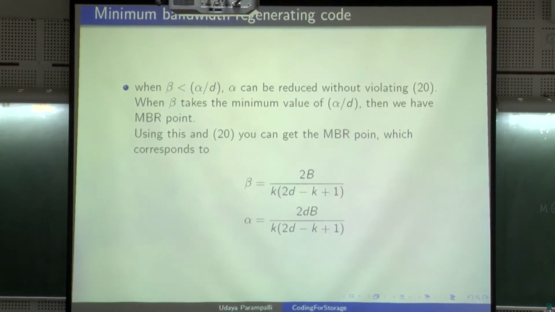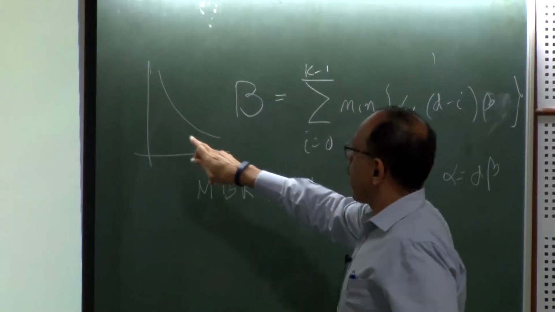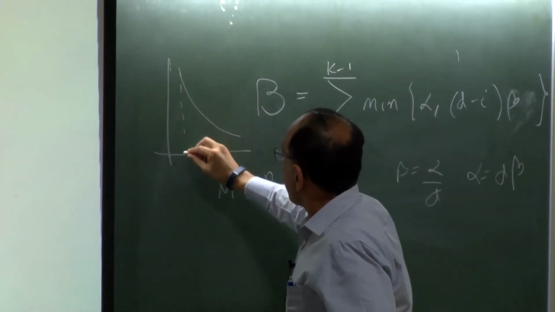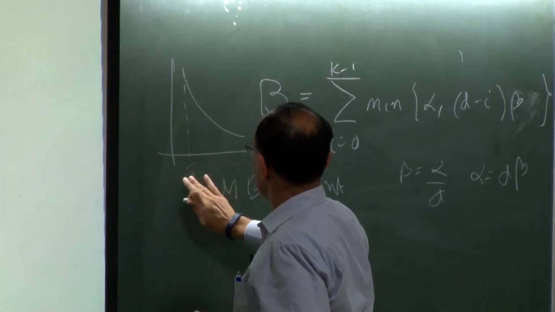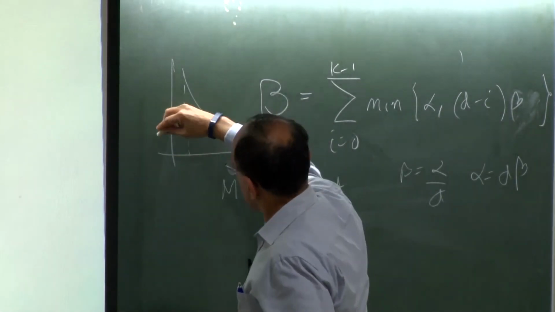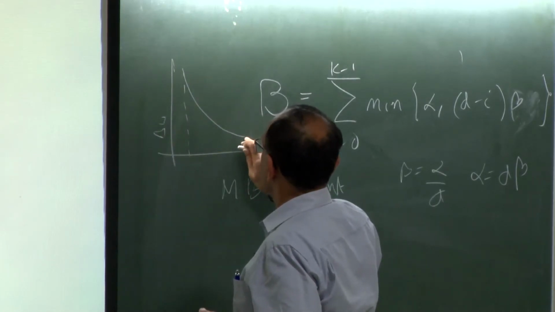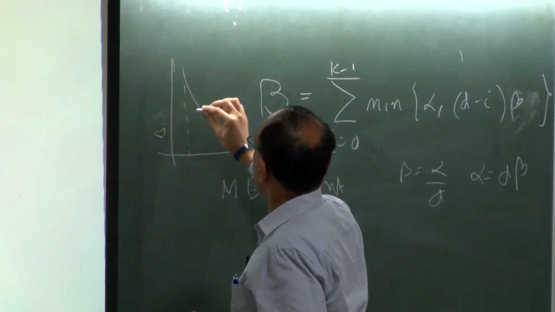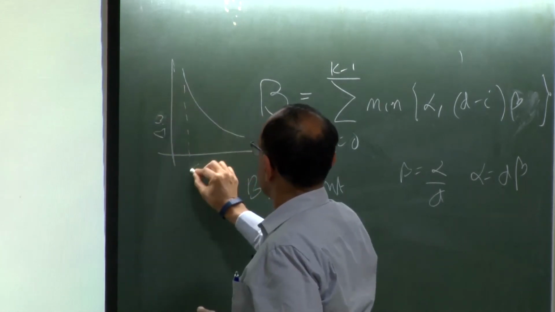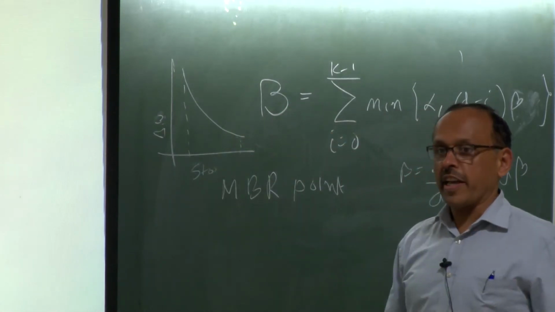Intuitively, think of it like this: you have a trade-off curve, this is the bandwidth and this is the storage. At the MBR point the bandwidth is minimum, and alpha is much higher.